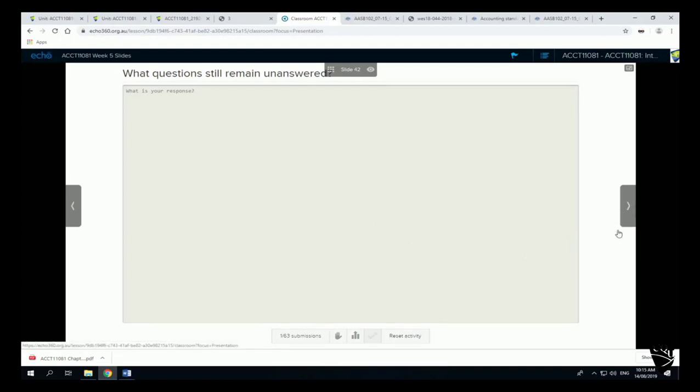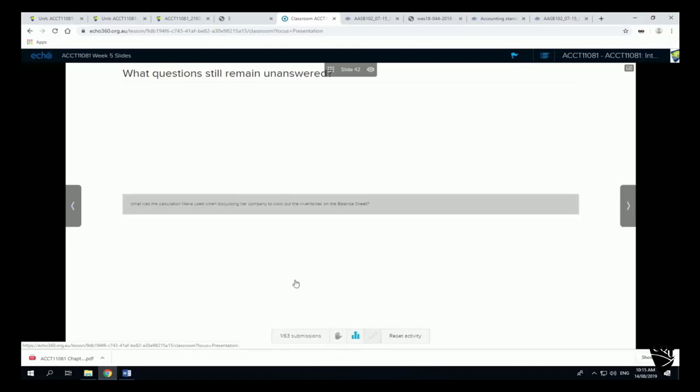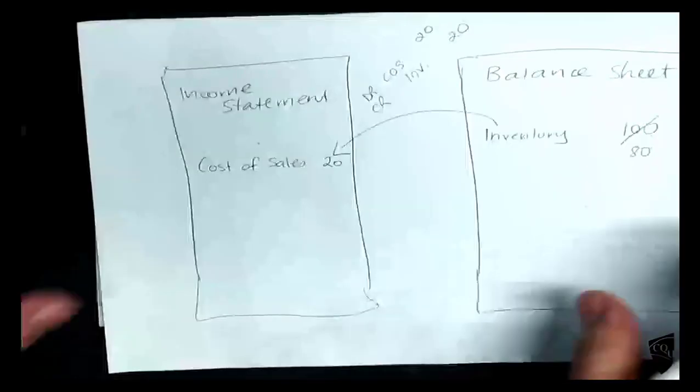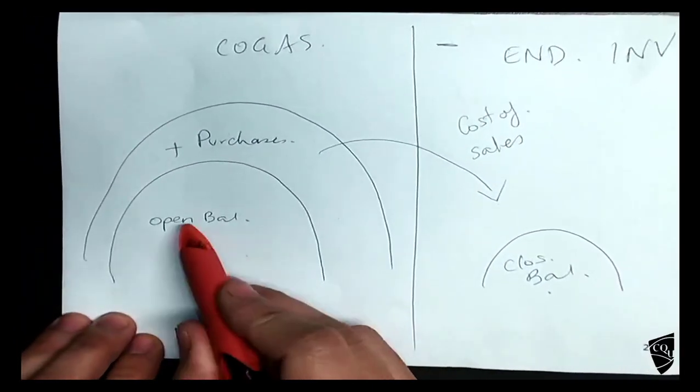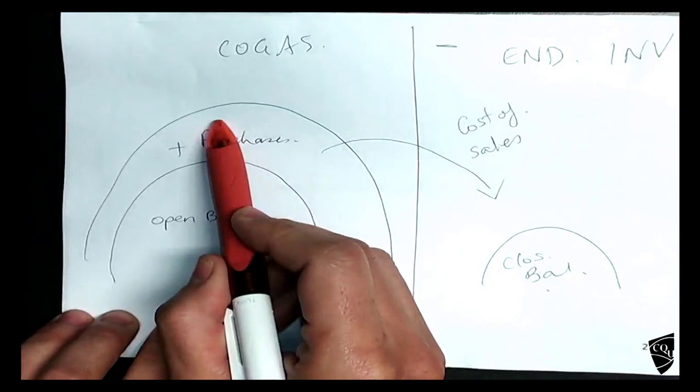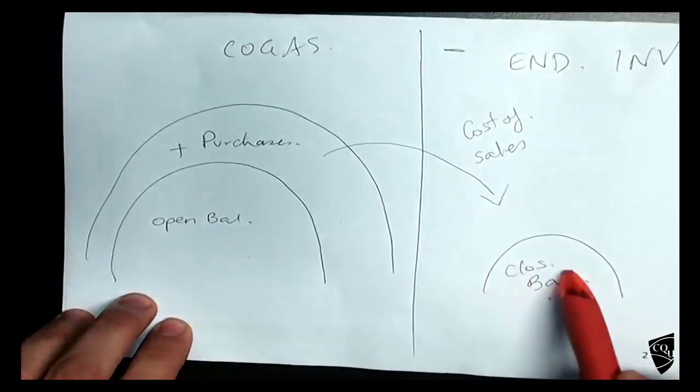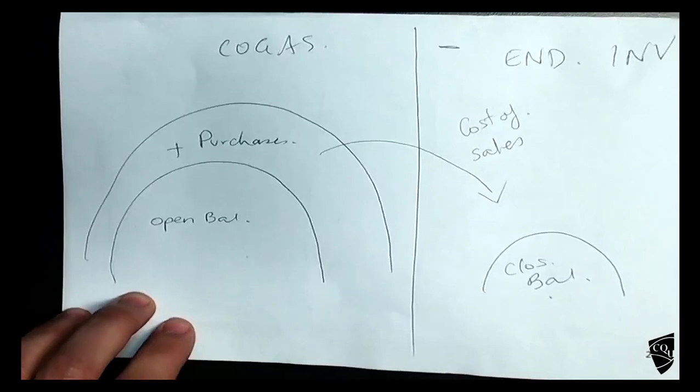All right, let's go to the one question that still remains unanswered. What was the calculation Maria used when discussing her company to work out the inventories on the balance sheet? I assume there's only really one calculation we've been through today, which was the cost of goods sold. My formula is opening balance plus purchases minus ending inventory, what we've got on hand at the end, equals cost of sales.